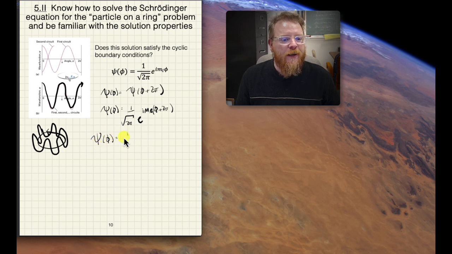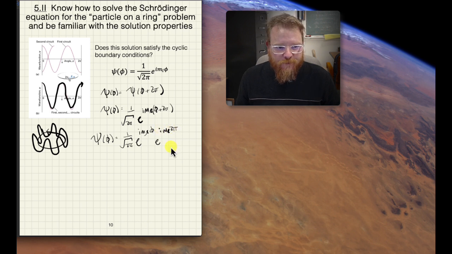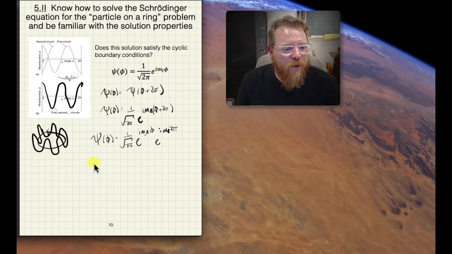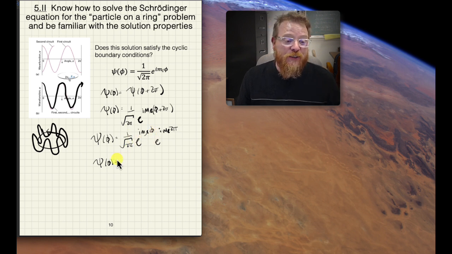Psi of phi equals 1 over root 2 pi, and I'll distribute these through and separate them based on their exponential properties. So that becomes e to the i m_l phi times e to the i m_l 2 pi. And now we can begin to play around a little bit. For one, we can see that first quantity, 1 over root 2 pi e to the i m_l phi, is just the same as psi of phi.